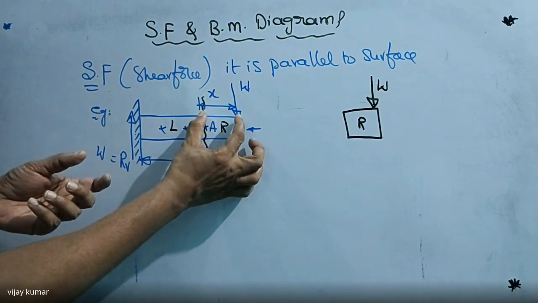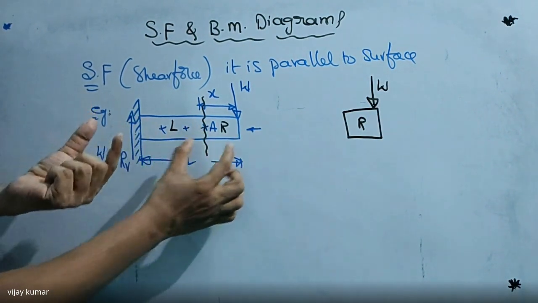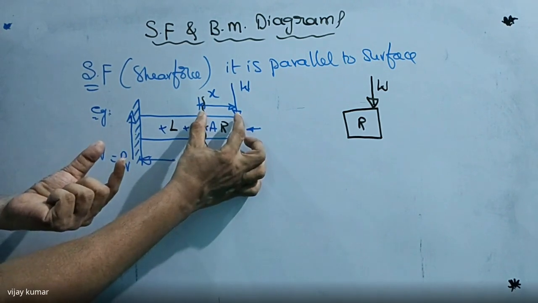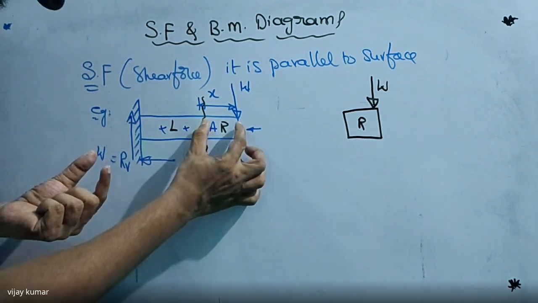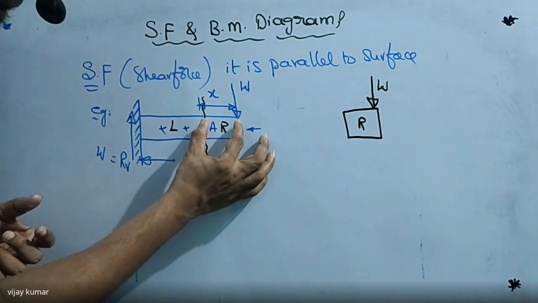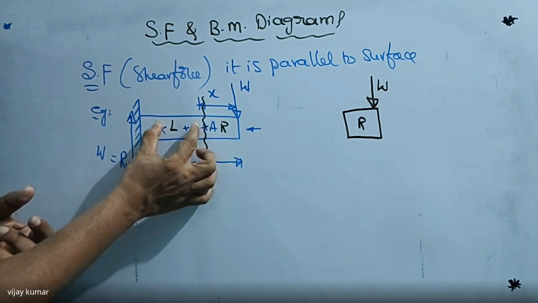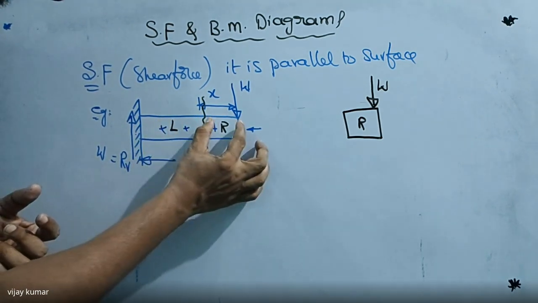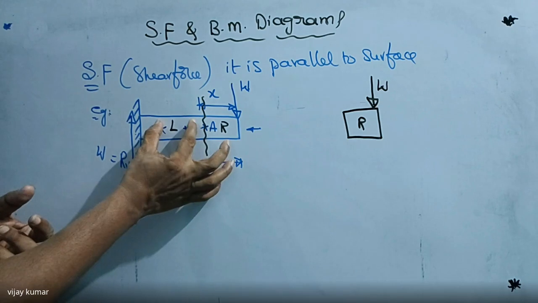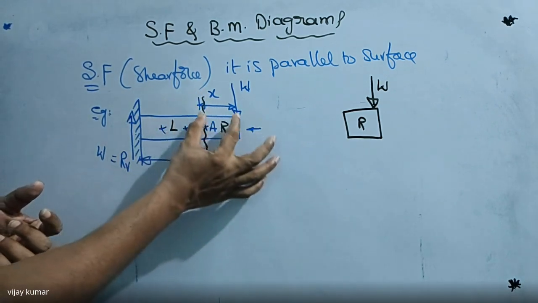When this part shears from this part, that is, this is the right part and this is the left part, this part is moving in downward direction due to this force. When this part is moving downward, this part is always in contact with this one. So this part applies some force on this part, and at the same time, this part also applies some force on this part.